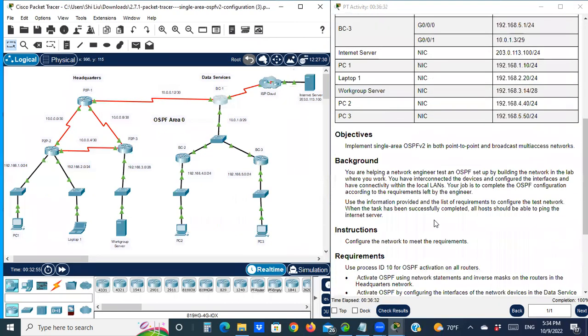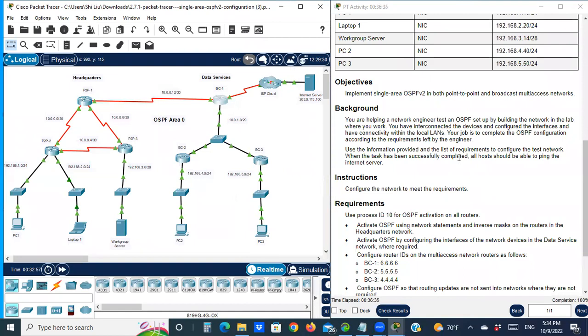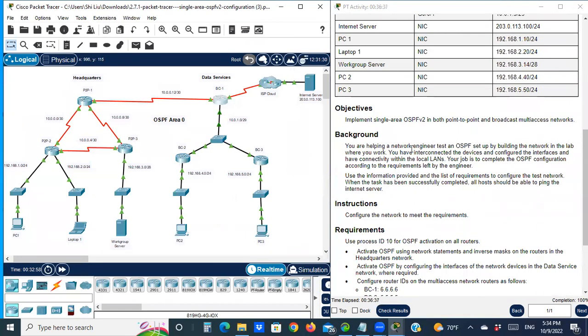All right. From here, it says that after successful completion, all hosts should be able to ping the internet server.